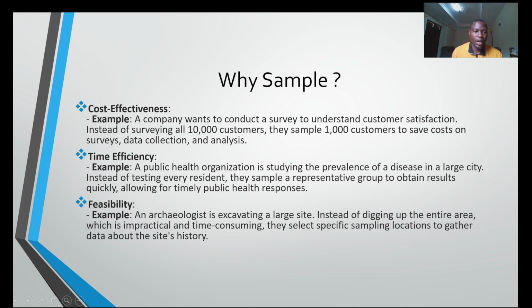Secondly, it is time efficient. As you know, sometimes research results may be needed immediately so as to respond to a problem. Most research aims to solve existing problems, and some problems need a quick response.